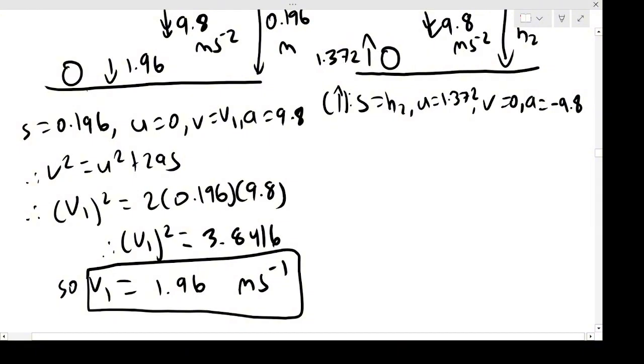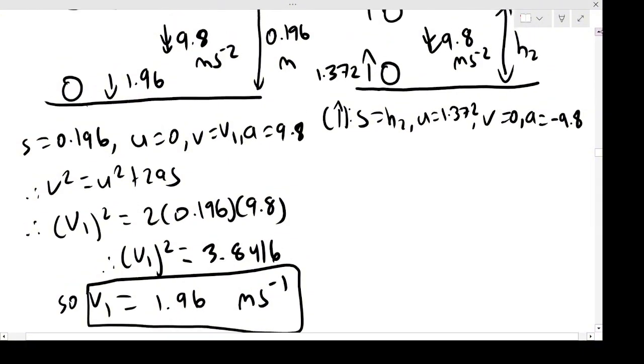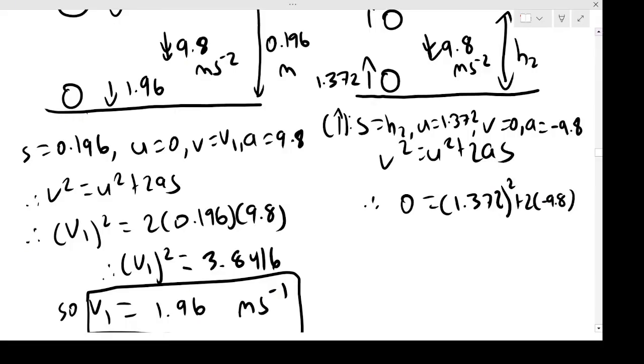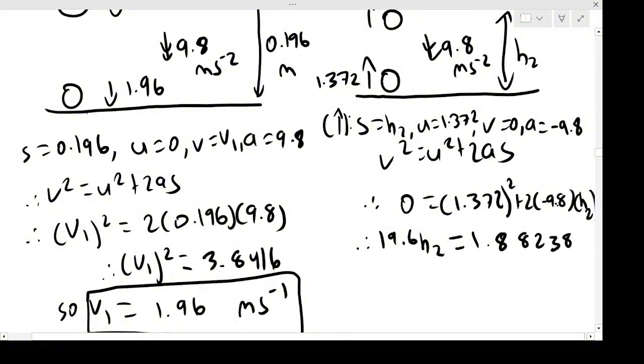And there we are. So now I can work out S. Again, V squared is U squared plus 2AS. Therefore, 0 is going to equal 1.372 squared plus 2 lots of minus 9.8 lots of h2. So therefore, 19.6 lots of h2 is going to equal 1.882384.